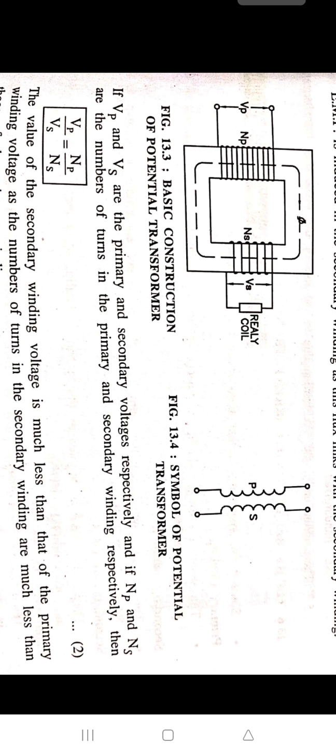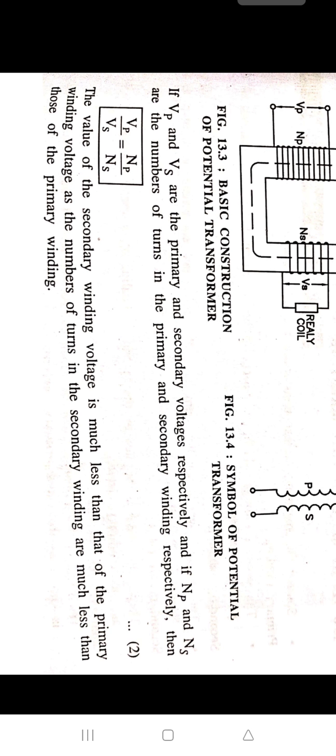Vp and Vs are the primary and secondary voltage respectively, and the turns are Np and Ns. The relation between Vp and Np is proportional, while in a current transformer the number of turns and the current on the primary side are inversely proportional to each other, right, while in PT they are proportional.